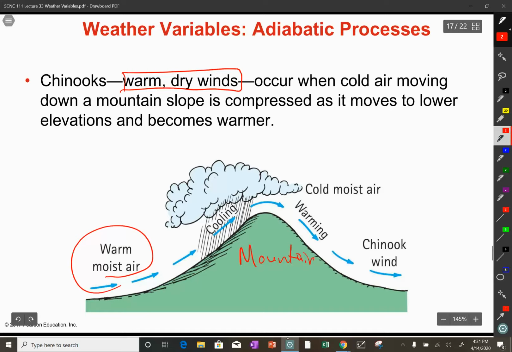Well, as that warm air goes up the mountain, it's being forced to go to higher elevation. As it goes to higher elevation, it's going to naturally cool. But if that air was moist, it was close to condensation. If it cools, the amount of moisture it can hold drops, and so it becomes supersaturated. That is, it has more moisture than it can hold. And so then water droplets grow in size and fall out. So you have a lot of rain right here.